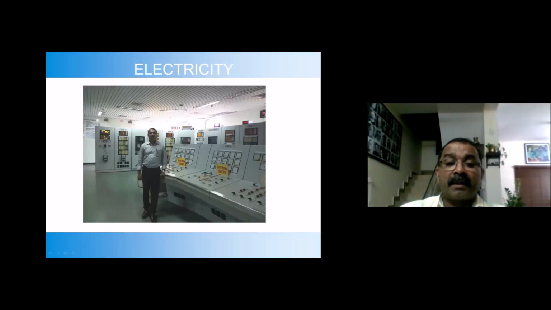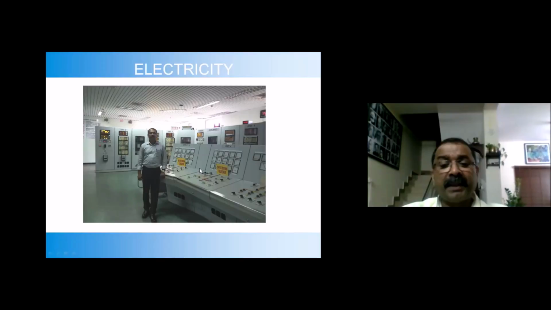This is the control room from where we will control the machine. We will switch on, switch off, and we will load the machine, meaning that each machine can deliver 0 to 17.5 megawatts.